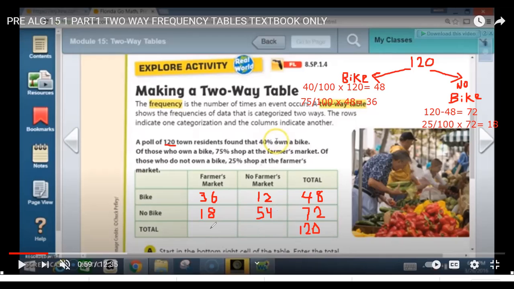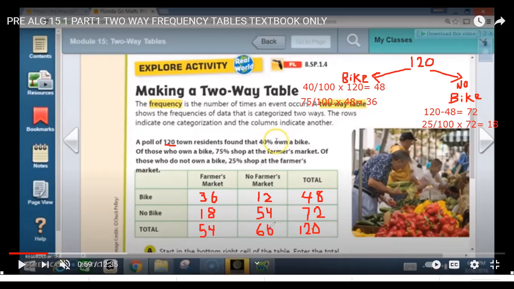So how are we going to find the answer for this one? We will add 36 plus 18. It will be 54. And on the opposite side, the second column, 12 plus 54.